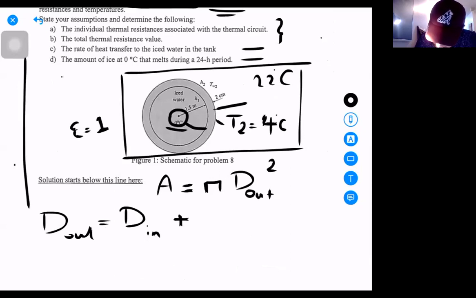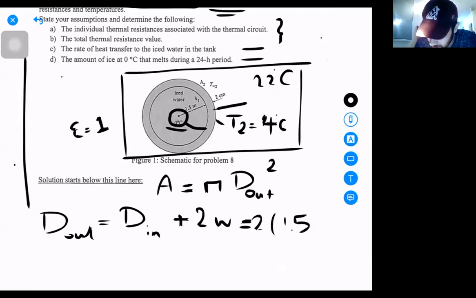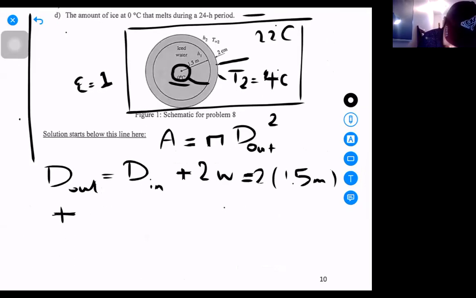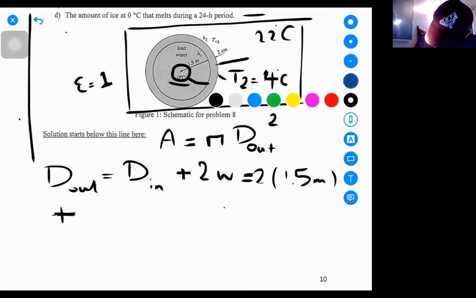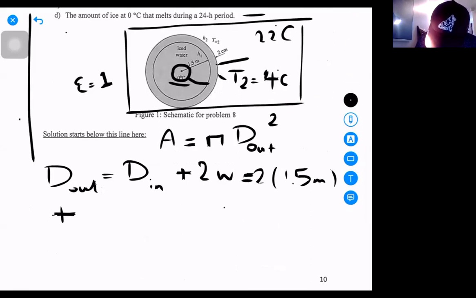The diameter of the inner space is 2 times the radius, which is 1.5 meters, plus 2 times the width, which is 0.02 meters.